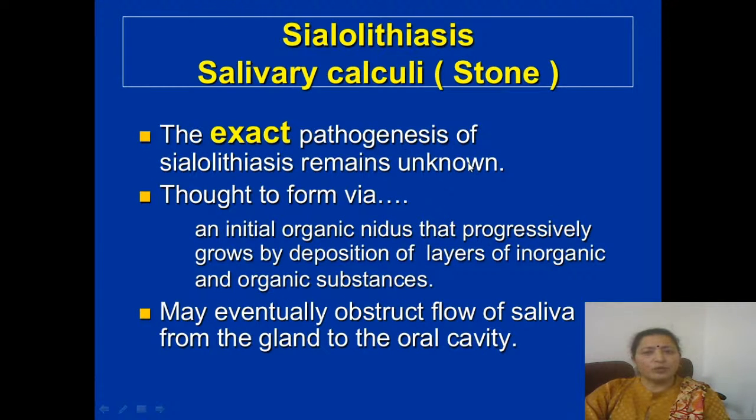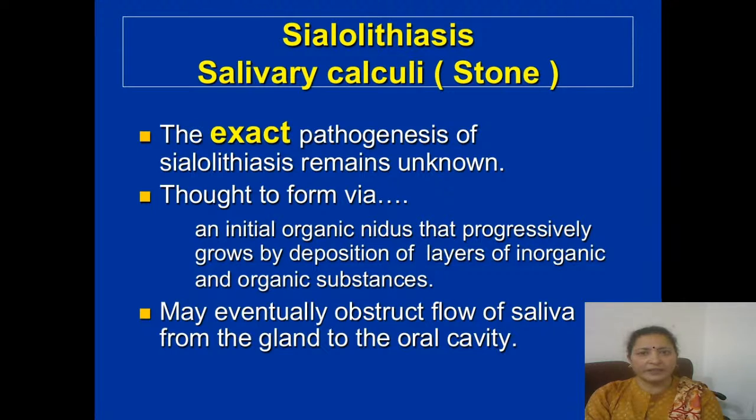The exact pathogenesis of this actually is not known, but there are certain nidus, the stone that we remove surgically. When we remove it, we can send it for chemical analysis, and when we see it, we find that there may be an initial organic nidus inside, and it's wrapped with an inorganic material or organic substance.